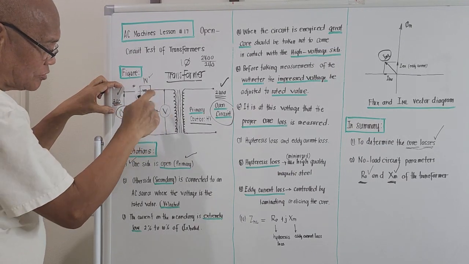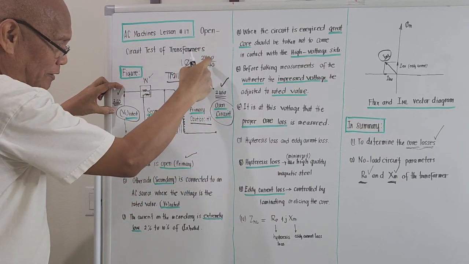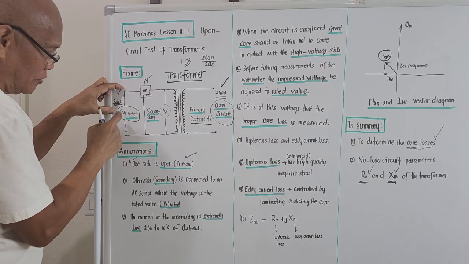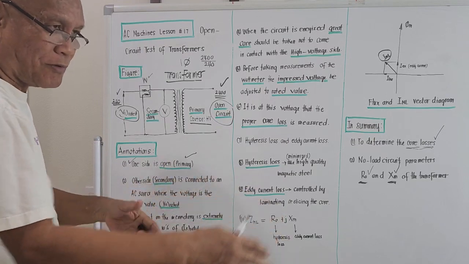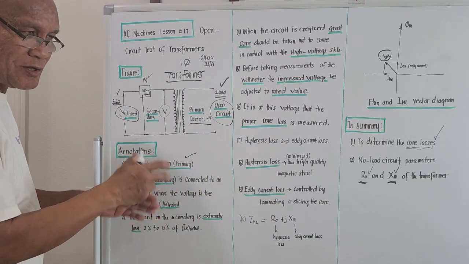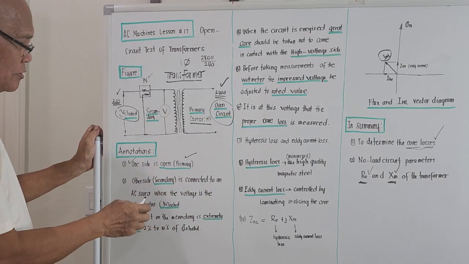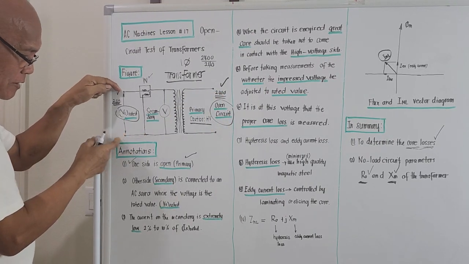So if this transformer has voltage specs of 2400 and 240, the rated voltage here should be 240. So maybe in the laboratory, there is 240 volts. Okay? If there is a higher one, we could adjust that to 240 by using a rheostat. So this is open, and we inject a rated voltage on the secondary.